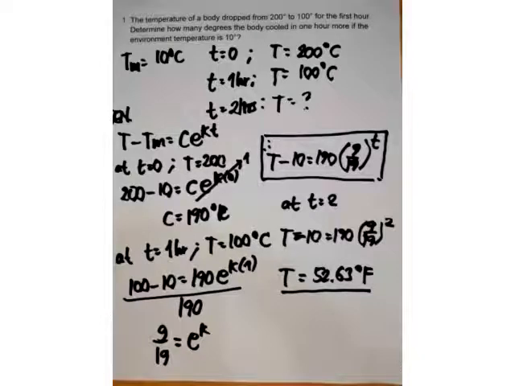Be careful with the question and how it is stated. The question is, determine how many degrees the body cooled in 1 hour more. So it's different from what is the temperature of the body after 1 more hour.